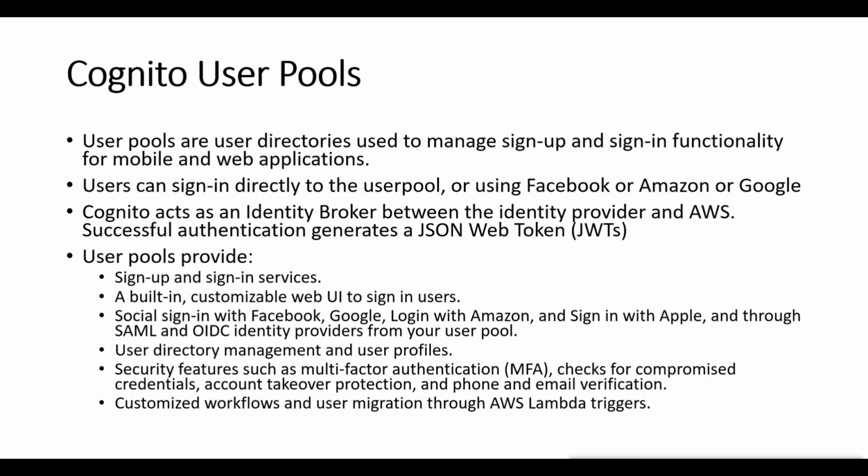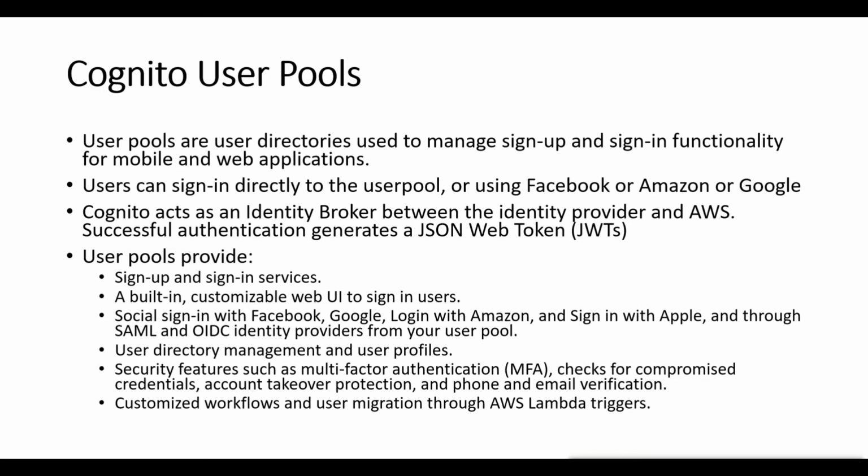That means username and password is stored within Cognito, or they can use a third party identity broker like Facebook, Amazon, or Google. Cognito then acts as an identity broker between the identity provider and AWS. Successful authentication generates a JSON Web Token, which is also known as JWT. So in your exam or in many places you will see JWT. So you need to remember JWT stands for JSON Web Token.